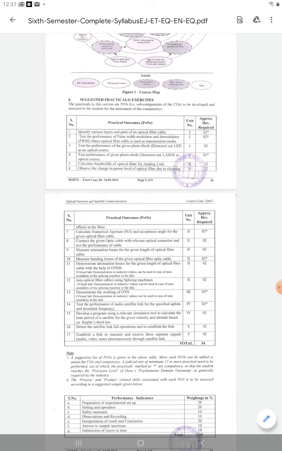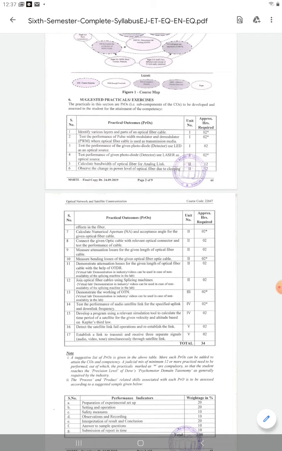In the 9th experiment, we are able to measure the attenuation losses for the given optical fiber cable. What are the different reasons for the attenuation losses, and how to calculate or measure these attenuation losses for a given optical fiber. The 10th experiment is related to the bending losses of the optical fiber.